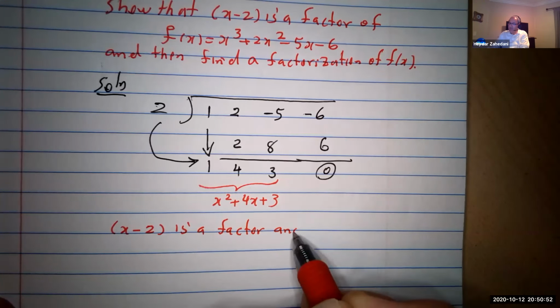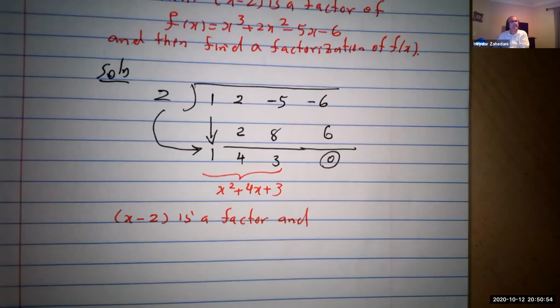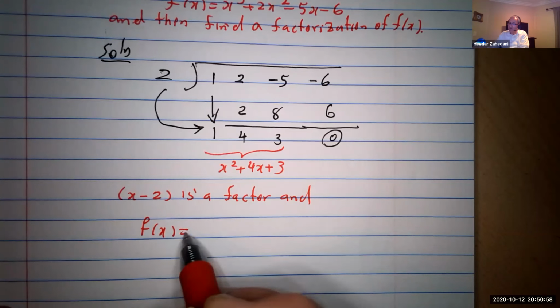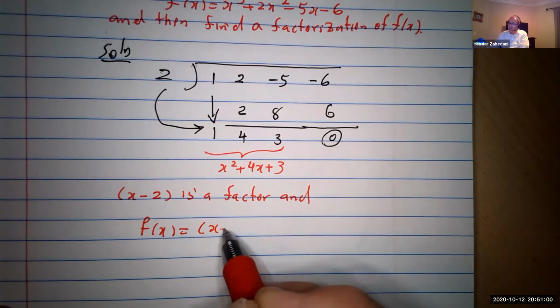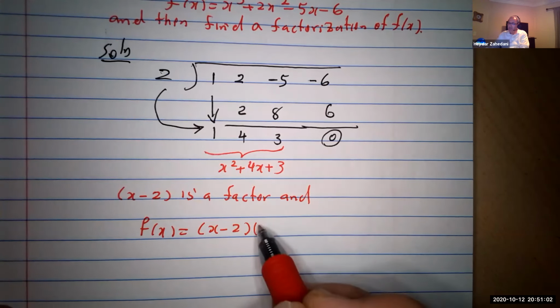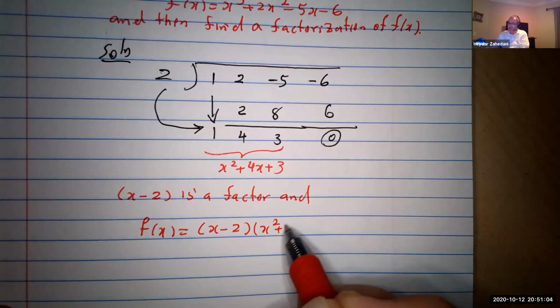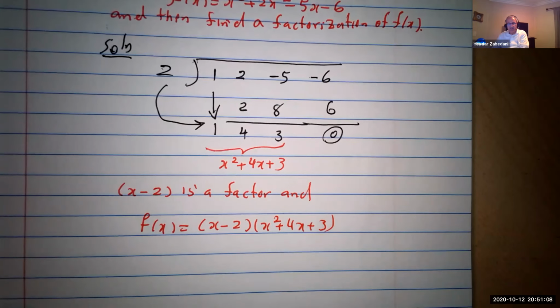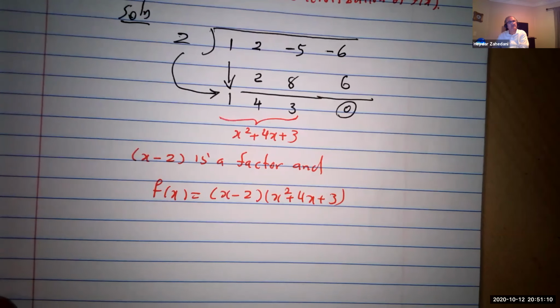Okay, and we have a factorization. f of x is going to be equal to one factor, x minus 2, times the leftover x squared plus 4x plus 3. You see, that's the advantage of this method.